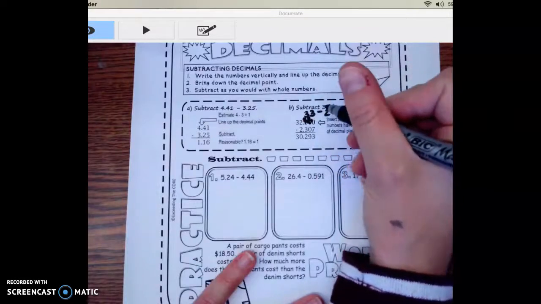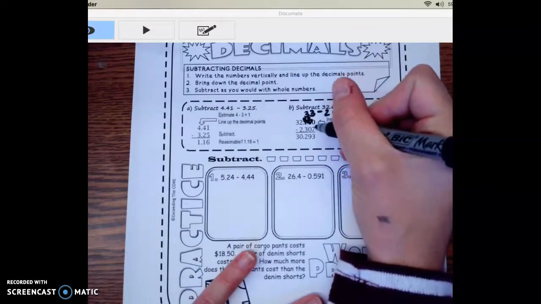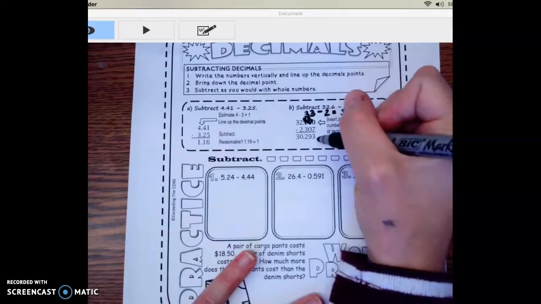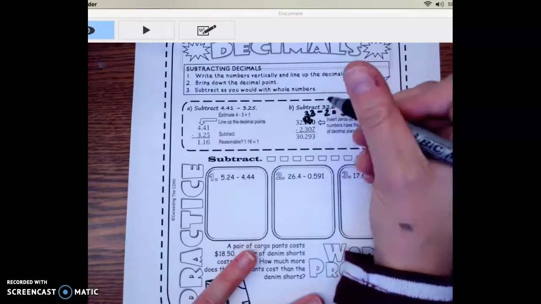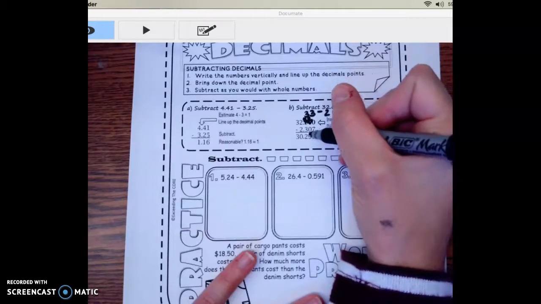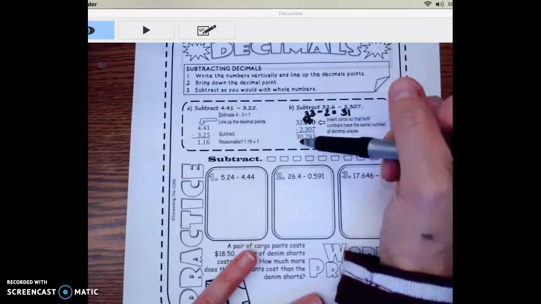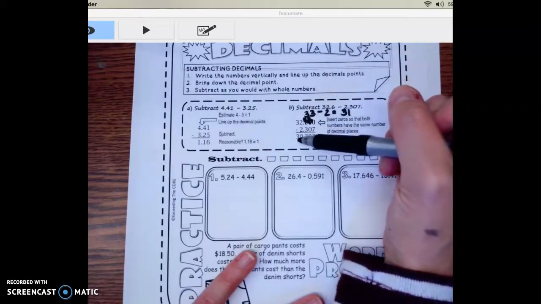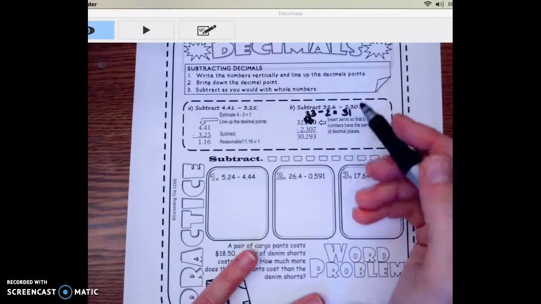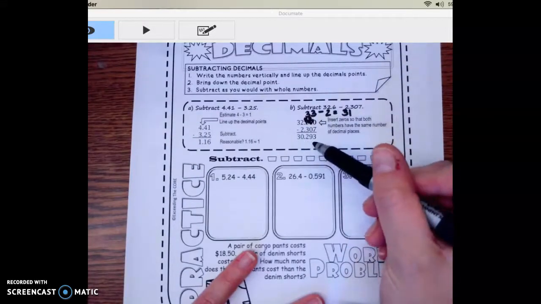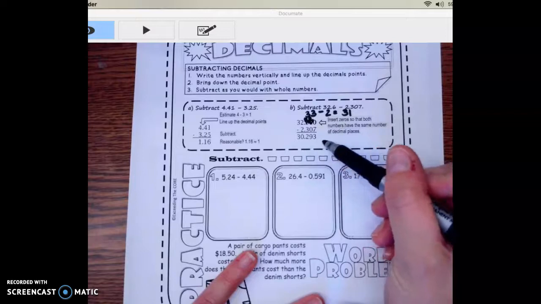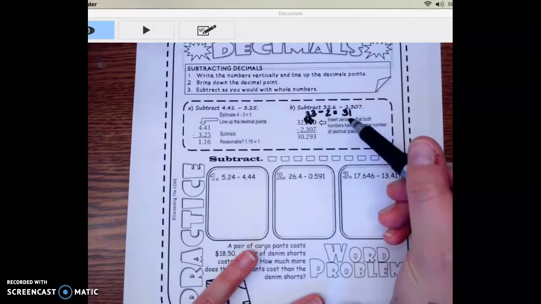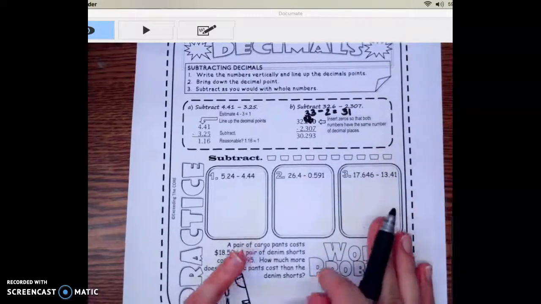I'm sorry, it's kind of hard to see that there. 10 minus 7 is 3. 9 minus 0 is 9. 5 minus 3 is 2. 2 minus 2 is 0. And 3 minus nothing is 3. So our answer was 30 and 293 thousandths, which is close to 31. So that answer is reasonable.